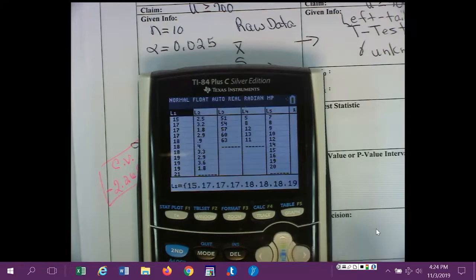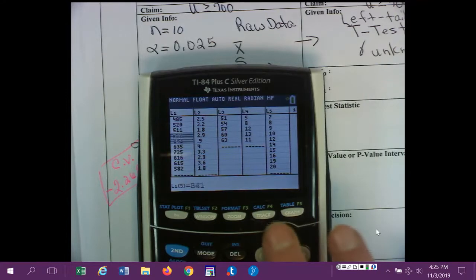I am going to clear out column L1 and just start putting the numbers in the calculator. 485, 520, 511, 535, 841, 635, 725, 616, 615, and 582.